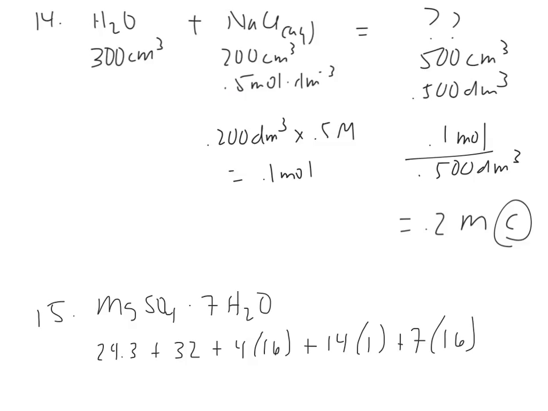You can punch this into your calculator quick, or you can round even more to 25, 30, 60, 14, and in the 7 times 16, I'd maybe just take 7 times 15, 105. And you're going to come up in that 240 range, and the only answer close to this is letter D, which I believe was 246.